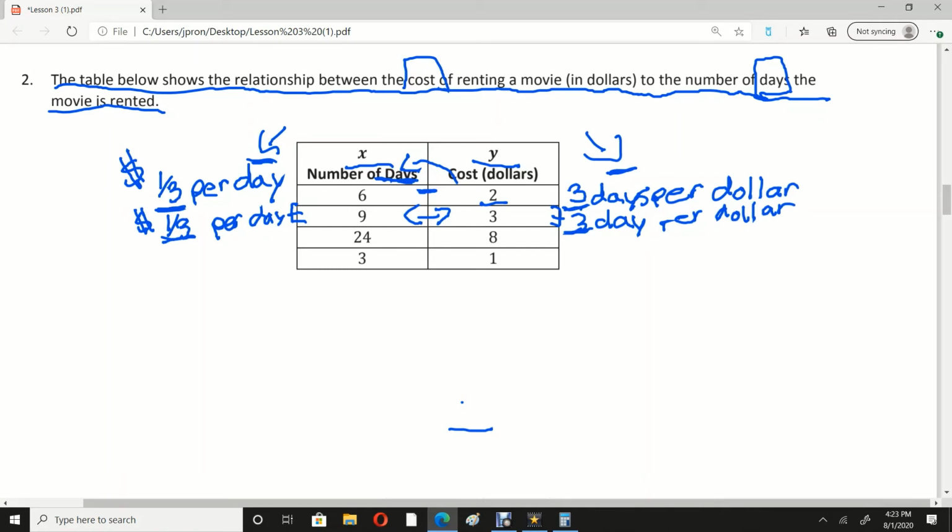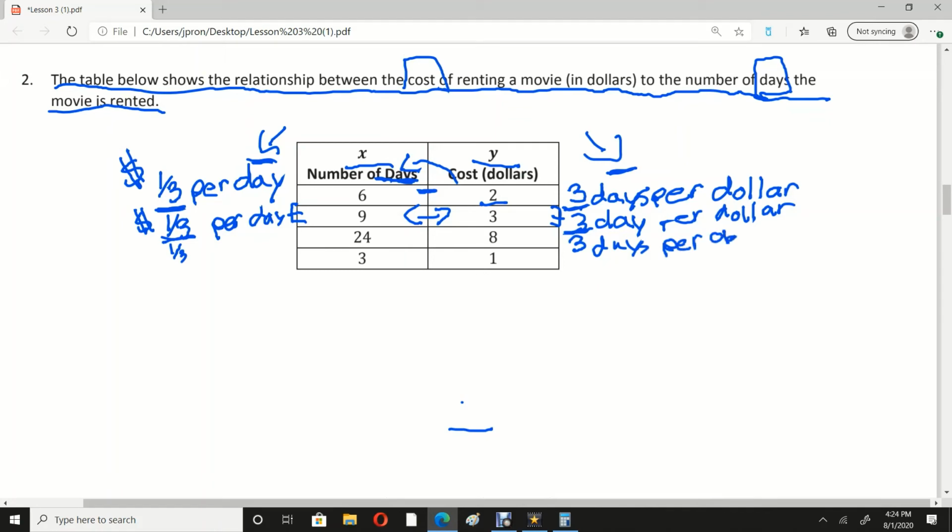So let's keep going down. 24 divided by 8 would be 3, right? And if it's 3 over here, it's going to be 1/3 over here. We're going to ignore this other side for now. Anyway, if it's $3 a day over here, then it's 1/3 of a dollar per day. 3 days per dollar, I should say.